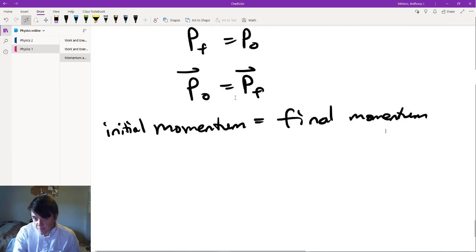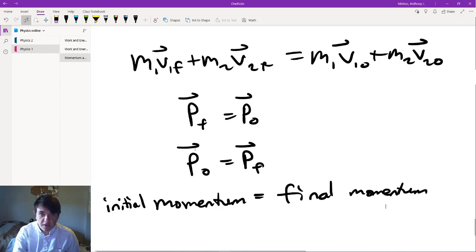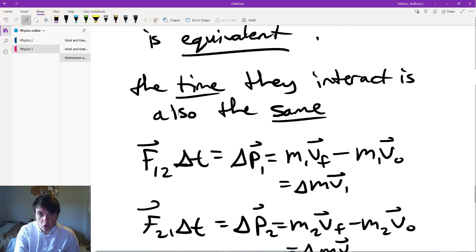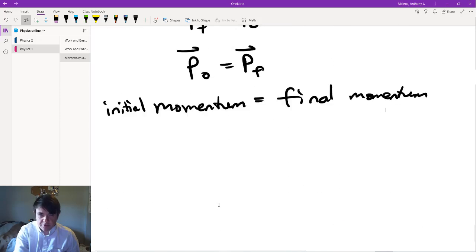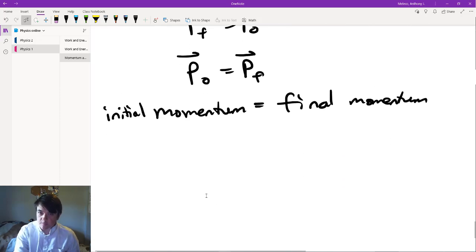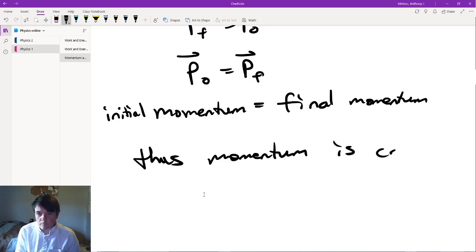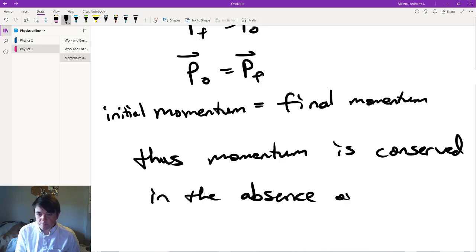Keep in mind though, there's no external impulse here. There's only the impulse between the two particles. They're each imparting their own impulse to one another. So thus momentum is conserved in the absence of an external impulse.